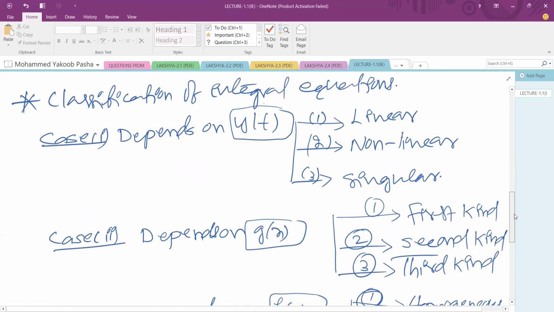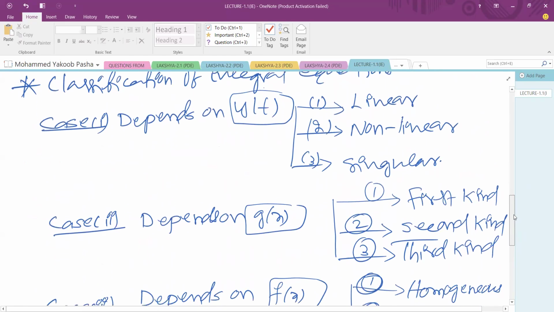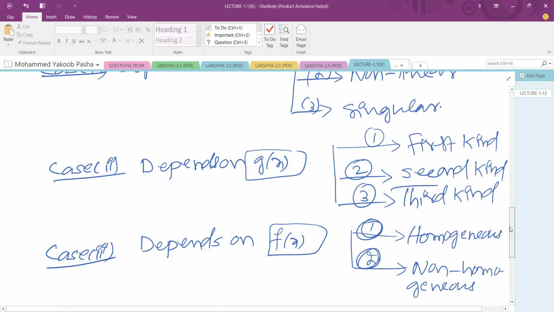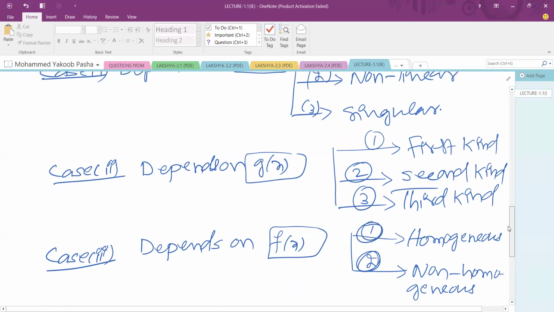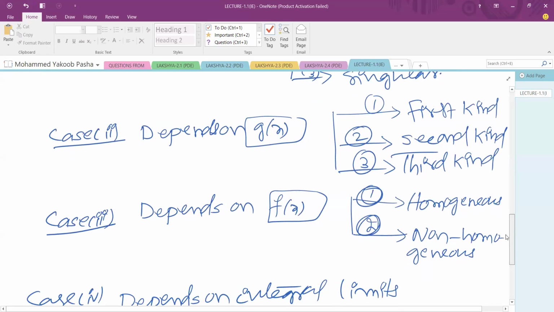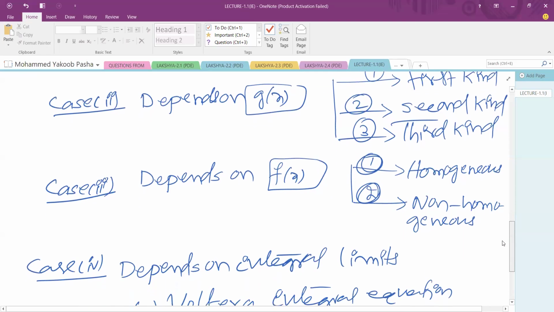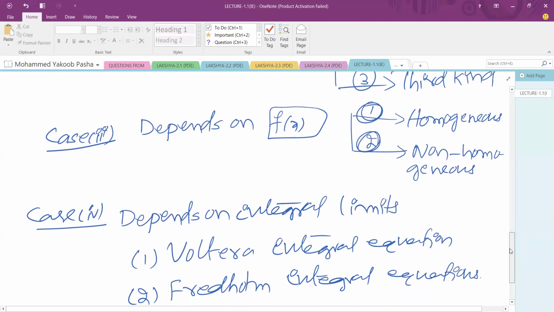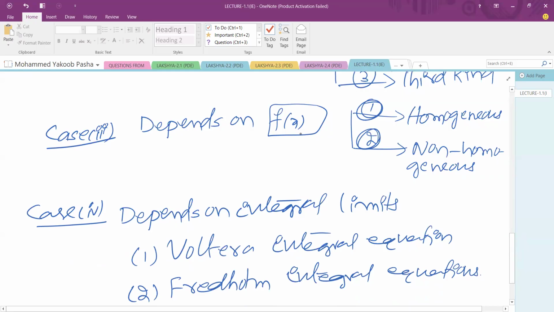Depending on y of t, we can classify into three types: linear, non-linear, and singular. Depending on g of x, we can classify integral equations into first kind, second kind, and third kind. Similarly, we can classify integral equations into homogeneous and non-homogeneous depending on f of x.